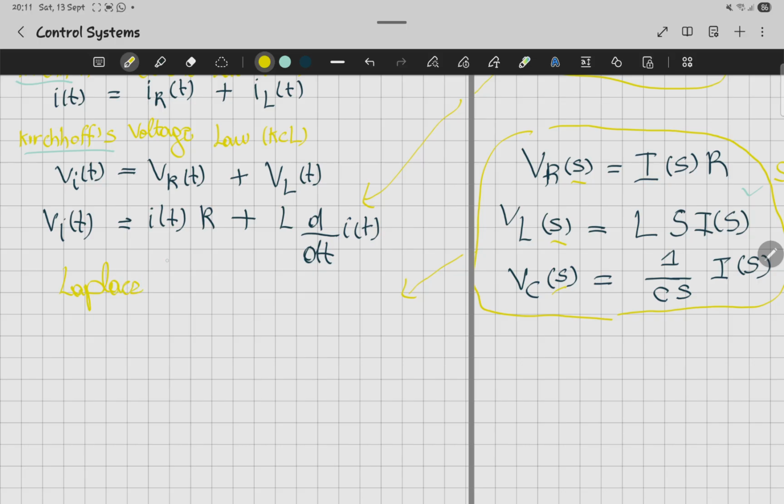You're going to apply the Laplace transform to both sides. And the reason why we're using Laplace here is to perform the conversion from time domain to S domain.